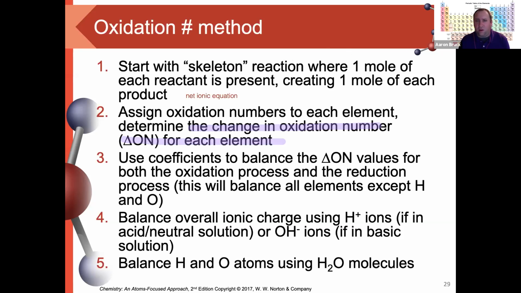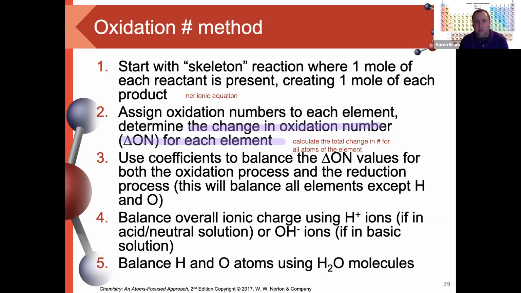The thing that's different is we are going to calculate the total change in number for all atoms of the element. And that's going to be the important difference for us.